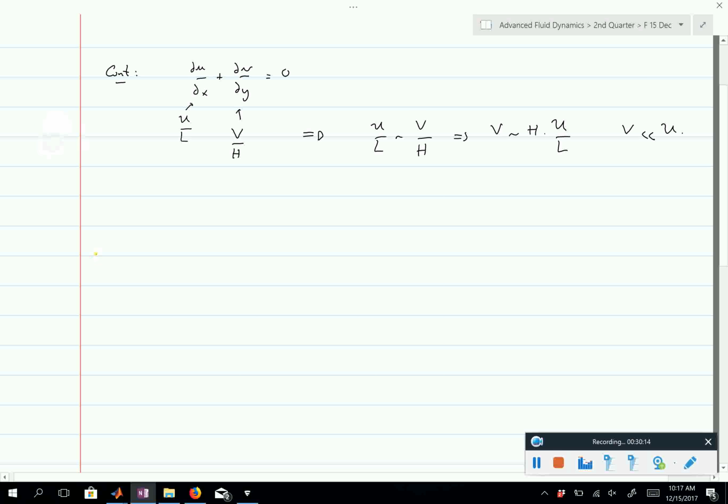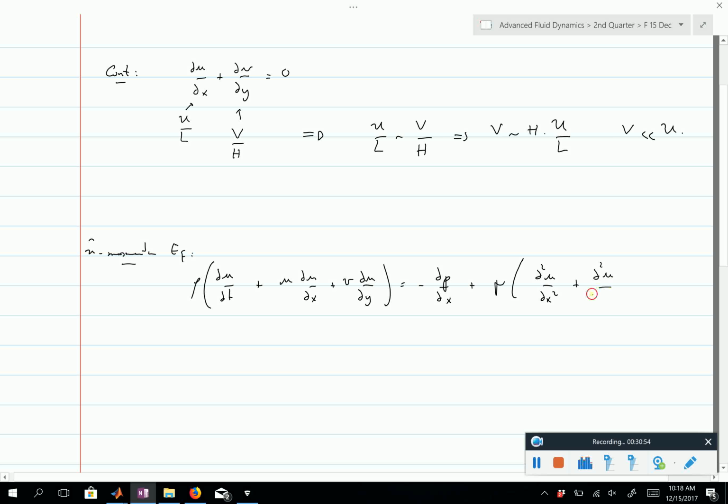So this is the continuity equation, and now the x momentum equation. I have rho times partial u over partial t plus u partial u over partial x plus v partial u over partial y, equal to minus partial p over partial x plus mu times the second partial of u with respect to x plus the second partial of u with respect to y.